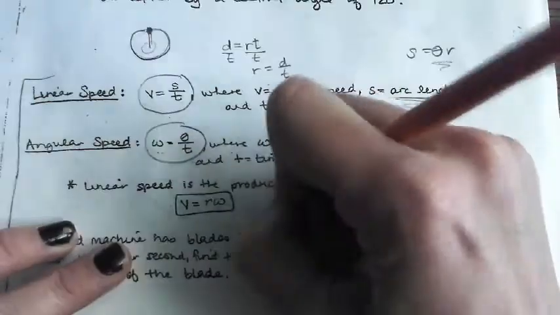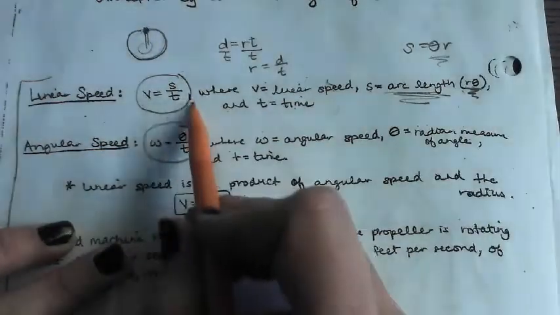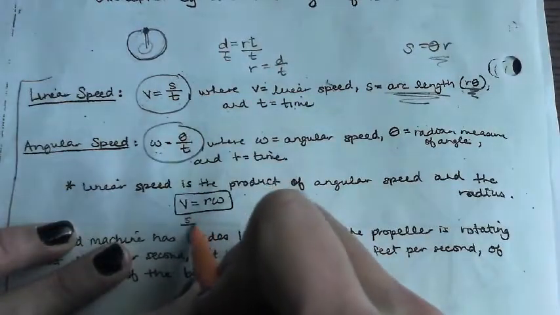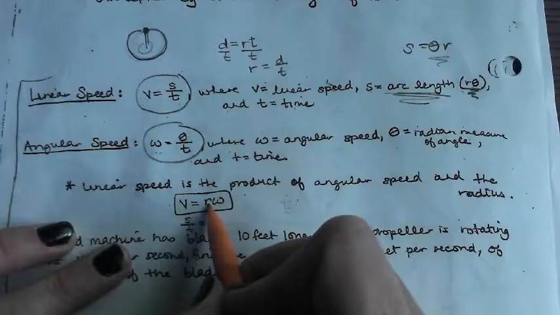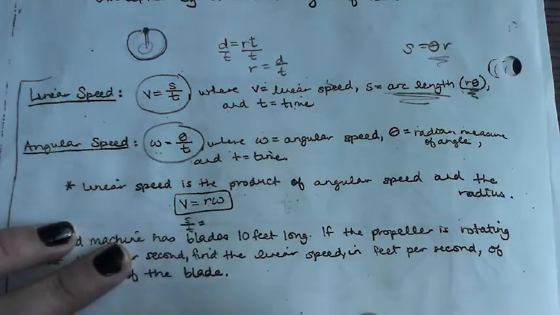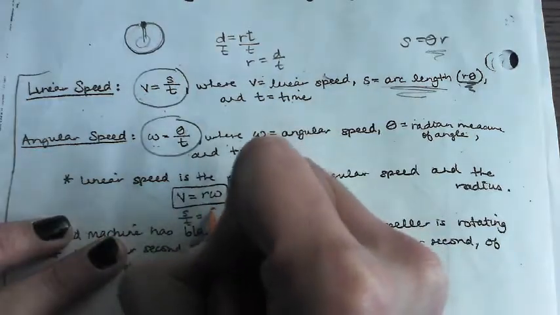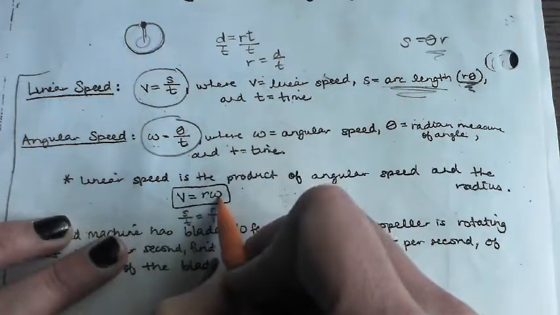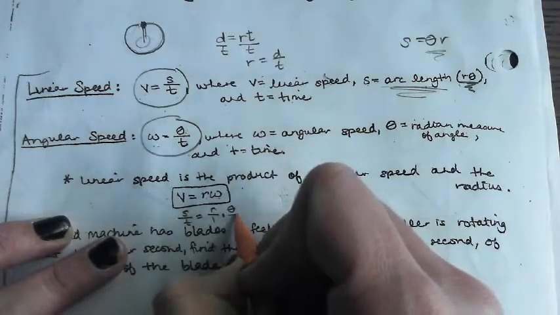So you're kind of substituting in, right? So V, we know is the same as S over T, equals, we're keeping the R there, R over 1 times, and you're taking out the W and putting theta over T. Is that right?